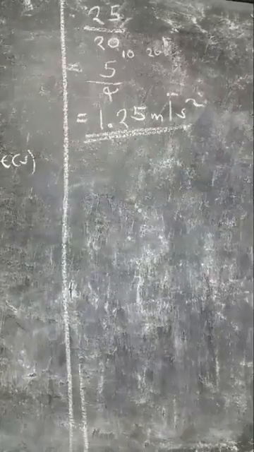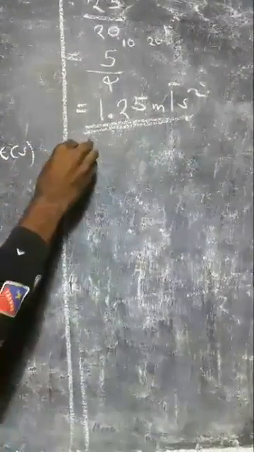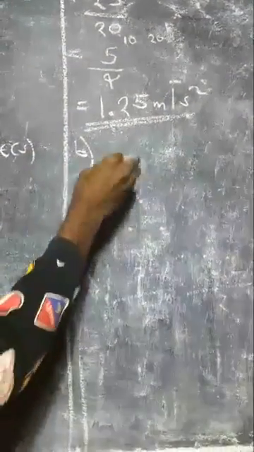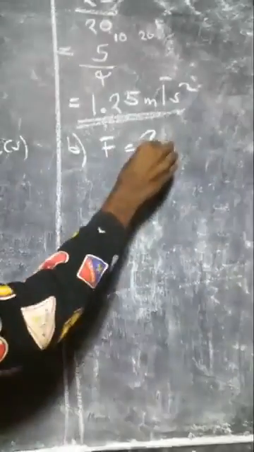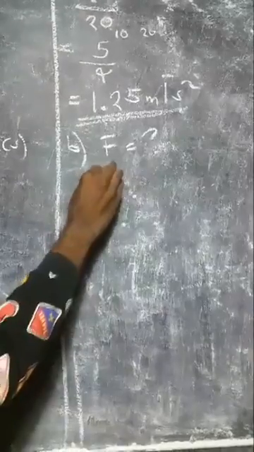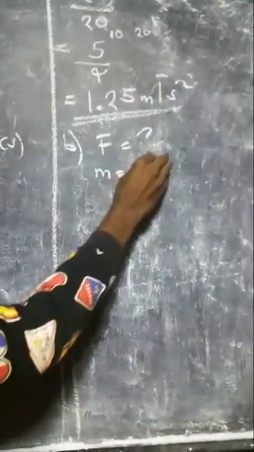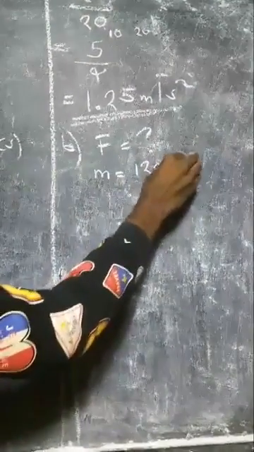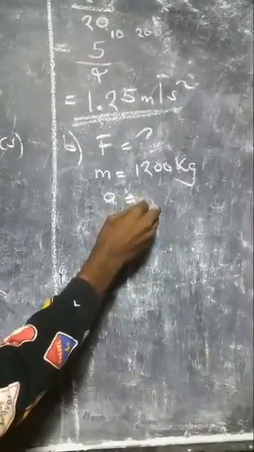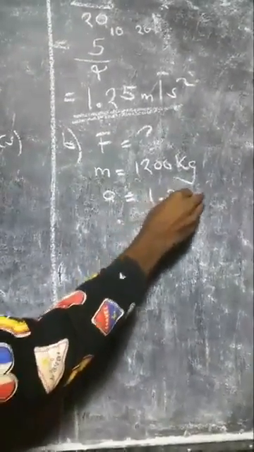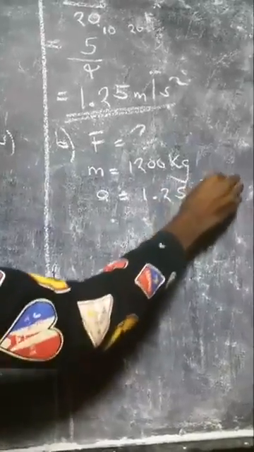Of course this is B. So what are we finding? We are finding force. So force is unknown, of course. Then what's our mass? Our mass has been given as 1,200 kg. What's our acceleration? Our acceleration is 1.25 meters per square second.